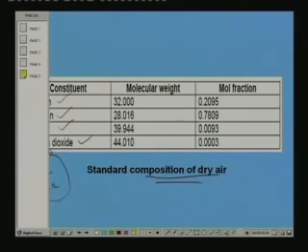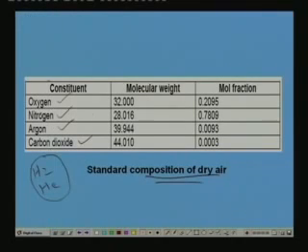The properties of these 4 components are, as you know: oxygen molecular weight is 32, and its mole fraction in dry air is 0.2095; nitrogen molecular weight is 28.016, and its mole fraction is 0.7809; argon molecular weight is 39.944, and mole fraction in dry air is 0.0093; and finally carbon dioxide molecular weight is 44.01, and its mole fraction is 0.0003 in dry air. So, this is the mole fraction of various gases in dry air.